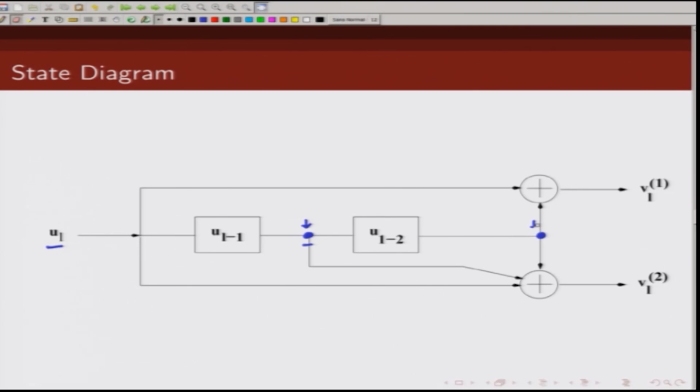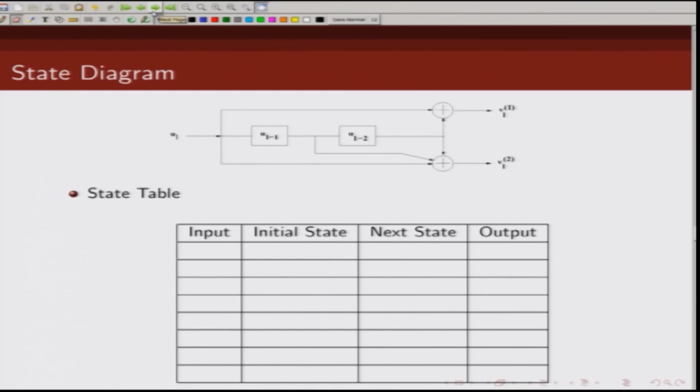Okay. So, let us try to draw the state diagram for this convolutional encoder. As we said, these are the states of the convolutional encoder. We first enumerate all possible states and all possible inputs. Since the memory is 2, all possible states are 0 0, 0 1, 1 0 and 1 1.